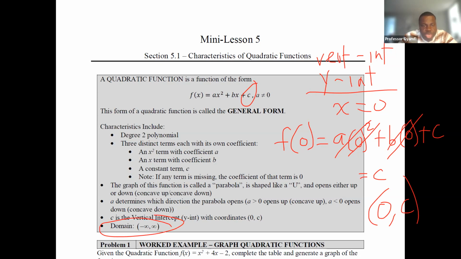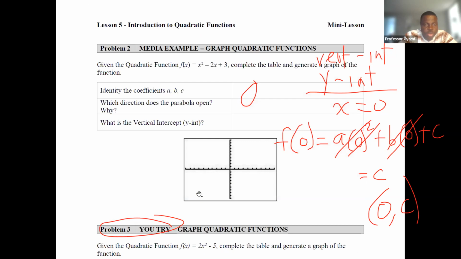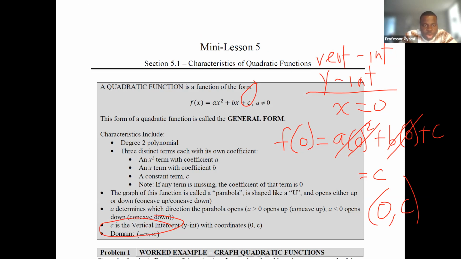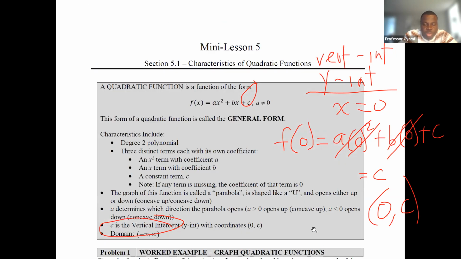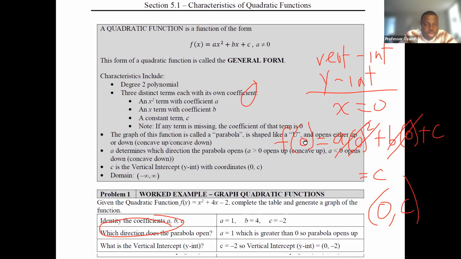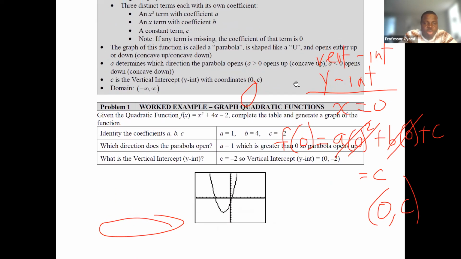Now, let's quickly look at some of the problems. Let's go to problem 1 first. That is a worked example, but I still want to look at it real quick.